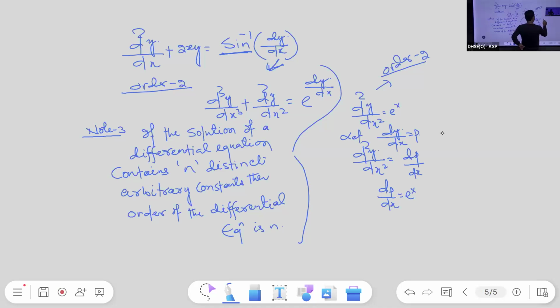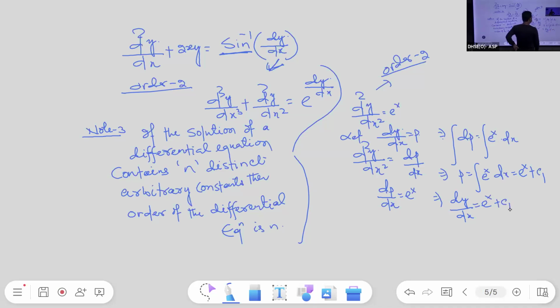This implies integral dp is equal to integral e raised to the power x dx. Integration of dp is p, and integral e raised to the power x is e raised to the power x. What is p? p is dy upon dx, plus arbitrary constant c1. So dy upon dx equals e raised to the power x plus c1. Again integrating.